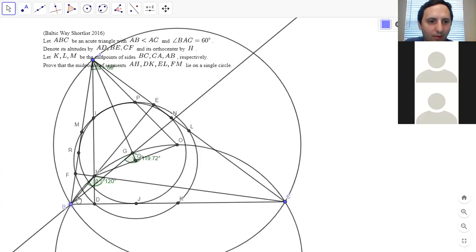Okay, so these two should add up to 120, so half of them should add up to 60. Oh, it depends on how you're defining G. If we define G to be the midpoint of this arc, yeah, no, we kind of messed up. So I think G lies on the circle, but G is not the in-center.